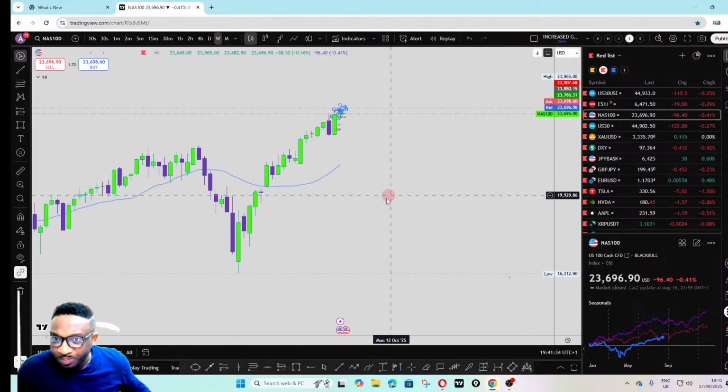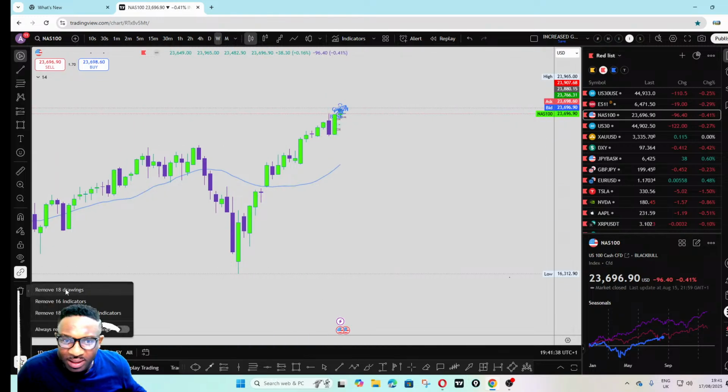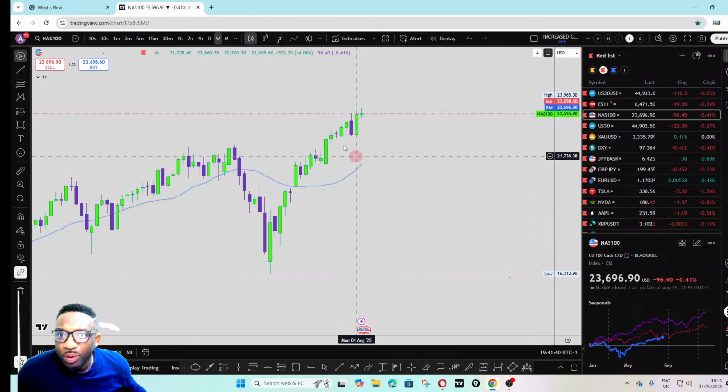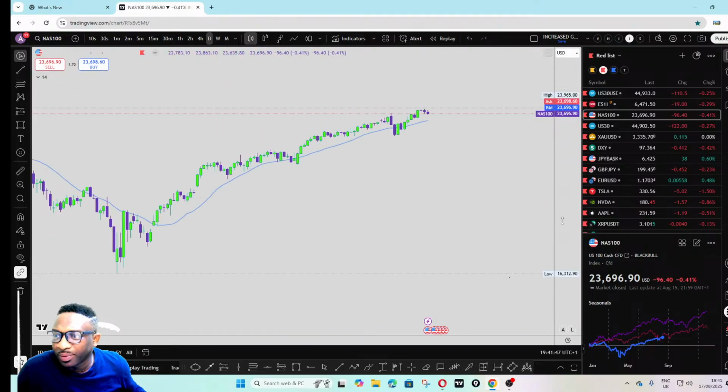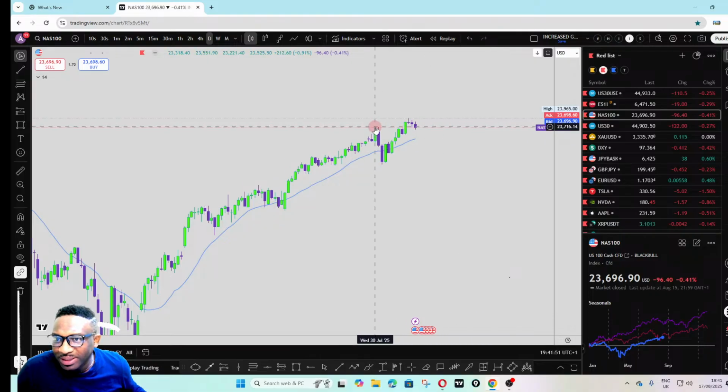Okay, so on NAS weekly time frame, let me clear these drawings. On the weekly time frame, we can see that we are bullish. Let's go to daily. We're bullish on the daily, and bullish on the weekly. Sorry guys.